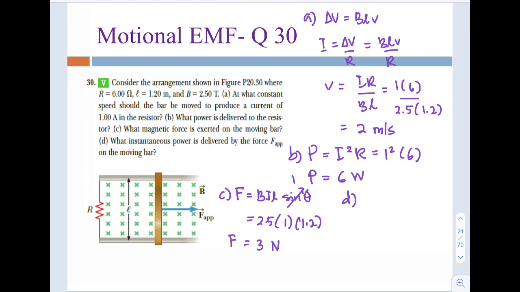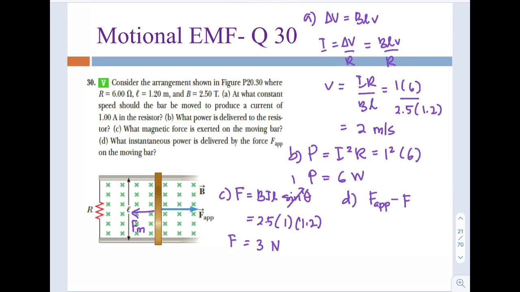So for part D, F applied to the right minus F magnetic to the left. F magnetic will be opposite.